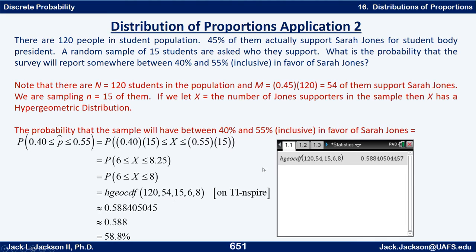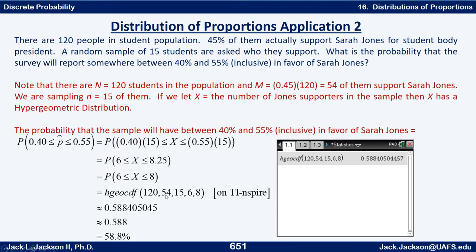So on the Inspire, you can see the picture here. It's HGOCDF of 120, 54, 15, 6, 8, or run your HGOCDF program on a TI-84. Basically enter the same numbers in the same order.